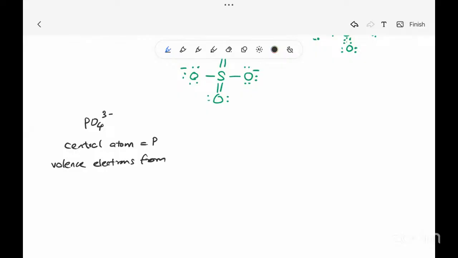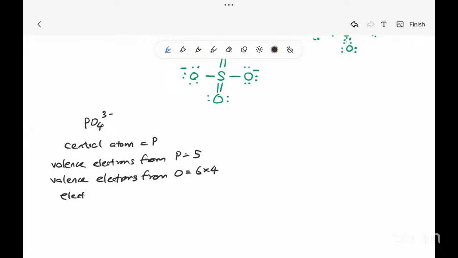Valence electrons from phosphorus, that is 5. Valence electrons from oxygen, that is 6 into 4.